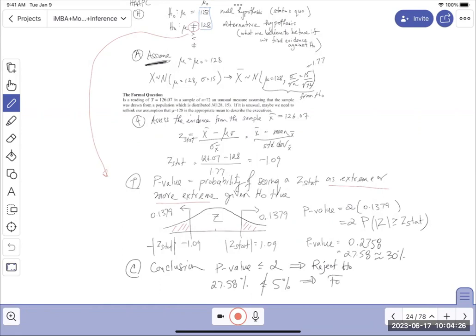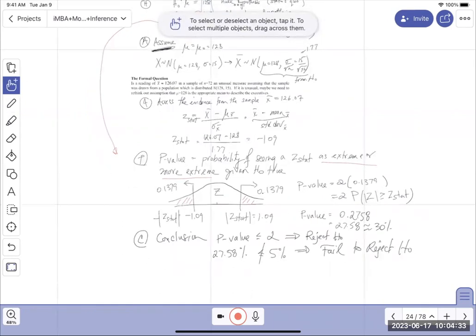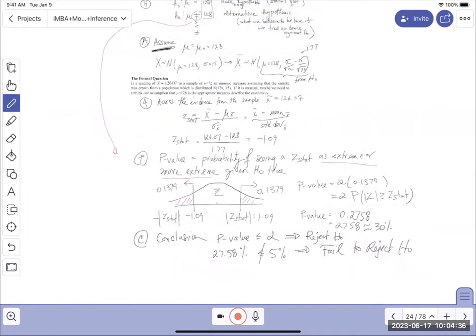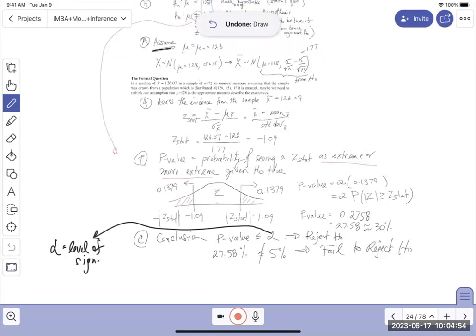So we say we fail to reject H naught. We have not found significant evidence against the null. Where this threshold is called alpha, called the level of significance. And it's usually set to 5%.